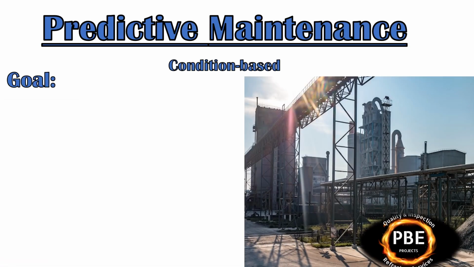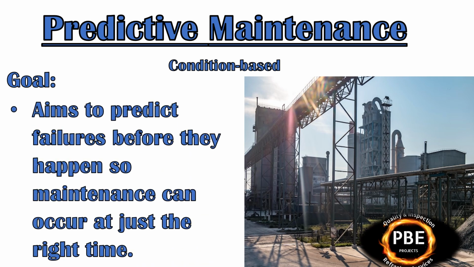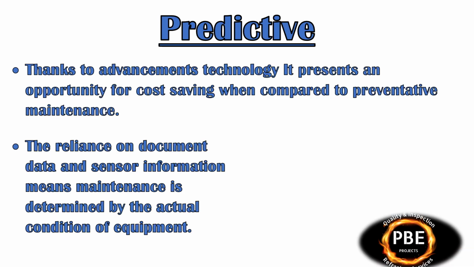Predictive maintenance or condition-based maintenance. The goal: it aims to predict failures before they happen so maintenance can occur at just the right time. Thanks to advancements in technology, it presents an opportunity for cost saving when compared to preventative maintenance. The reliance on documented data and sensor information means maintenance is determined by the actual condition of equipment.